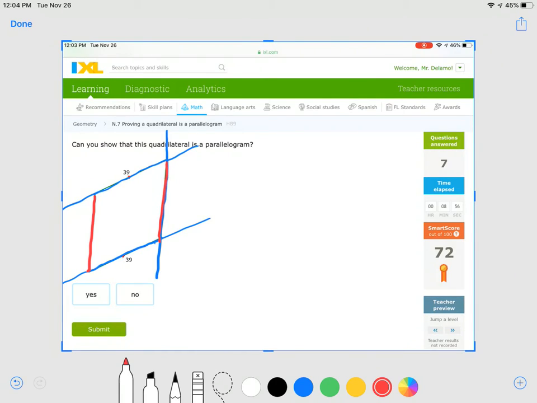I actually think the answer is yes, but I don't know how to prove this. Oh, hold up. Okay, yeah, we're gonna have to do the transversal. Yeah, we'd have to look at the transversal.